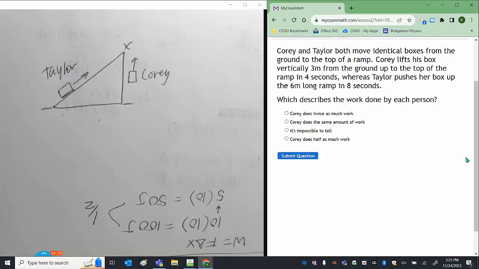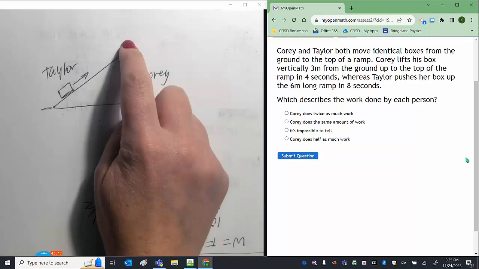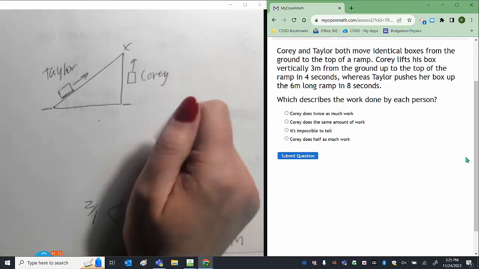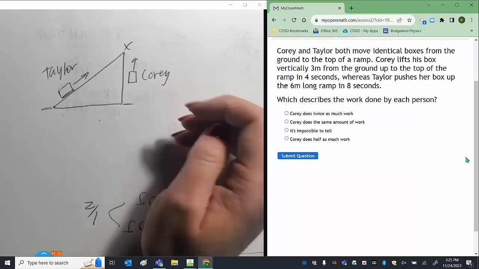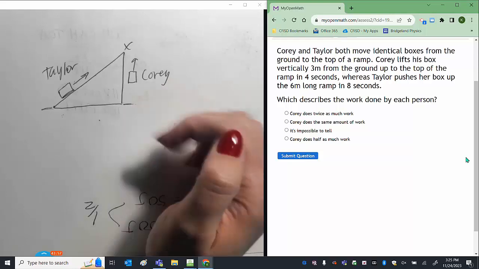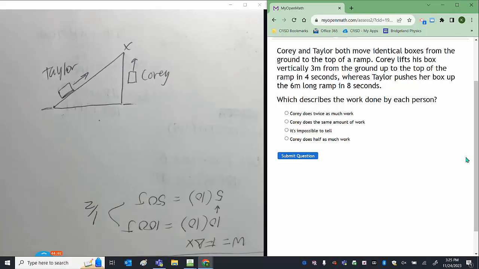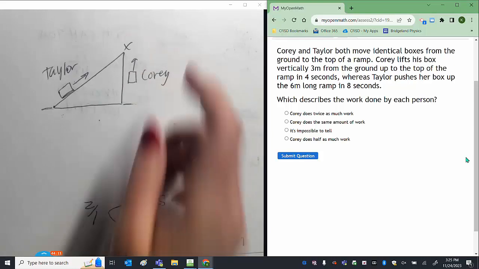In both cases, and we talked about this in class, work is independent of the path taken. It does not matter how the box gets from the ground up here. In both cases, it gets from the ground up here. And so if you're moving something from the ground up a ladder, using a pulley, going up a ramp, whatever it may be, if you're lifting the same amount of weight, you're working against gravity in both cases, to get it to the same height.